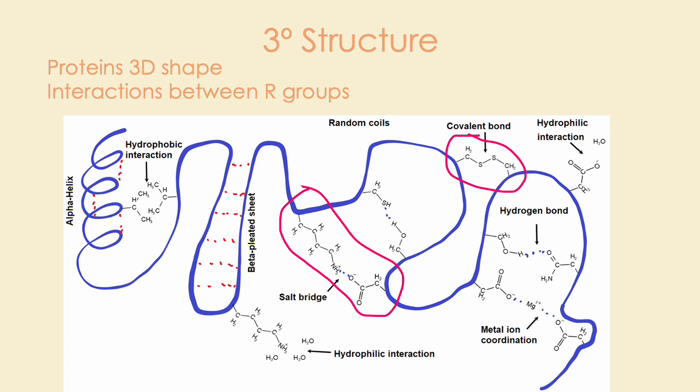This is going to lead to a decrease in entropy, which is not favorable. The hydrophilic residues being outside is going to promote that water moving around and interacting with the residues, increasing disorganization, increasing entropy, and as a result, favoring that spontaneous reaction.